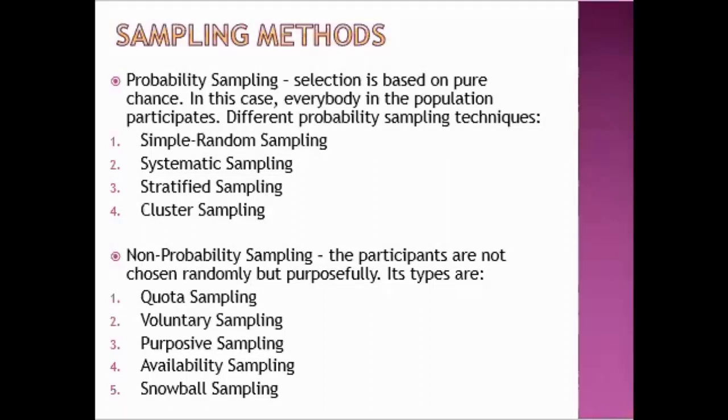For the non-probability sampling, we have the first type, which is quota sampling. You resort to quota sampling when you think you know the characteristics of the target population very well.